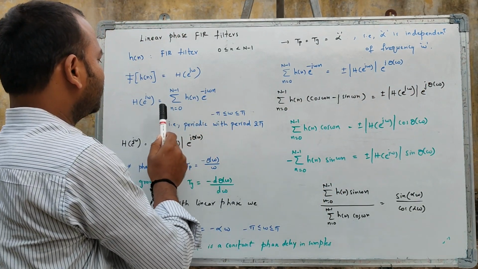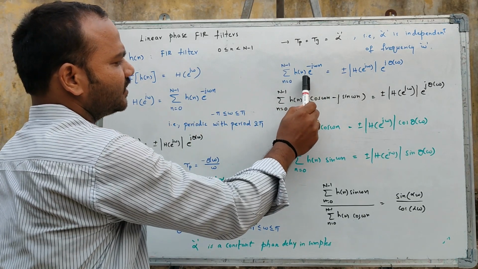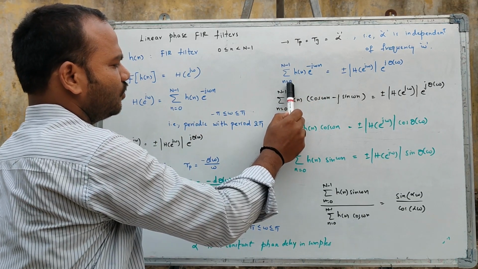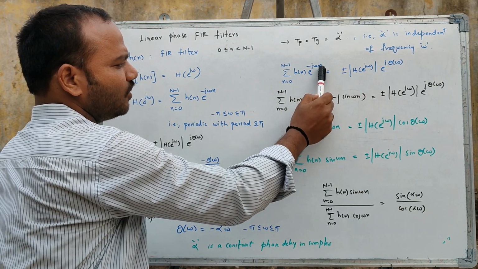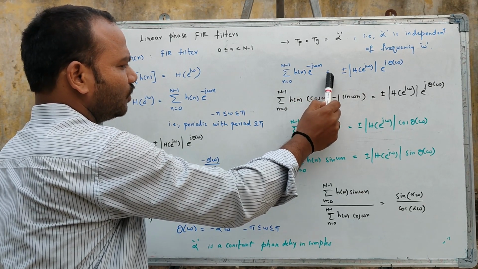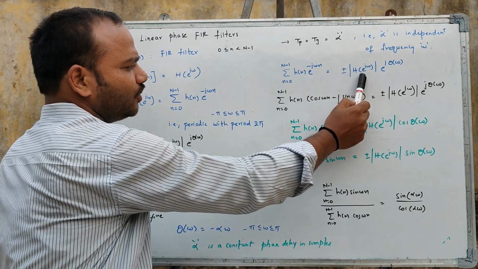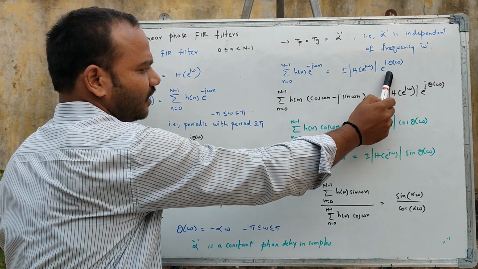Now consider this equation, summation from n equal to 0 to N minus 1 of h of n e power minus j omega n is equal to its corresponding magnitude and its phase.